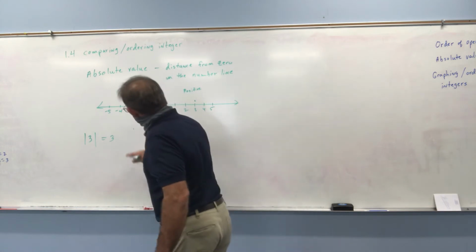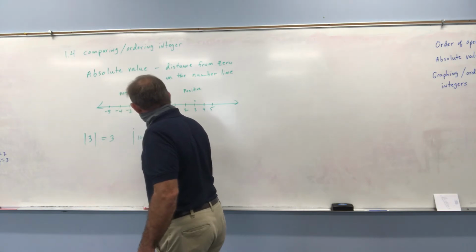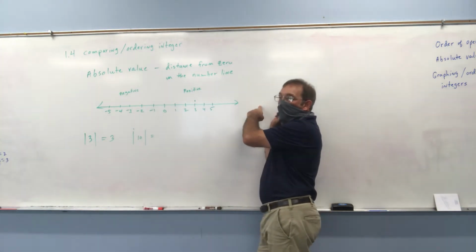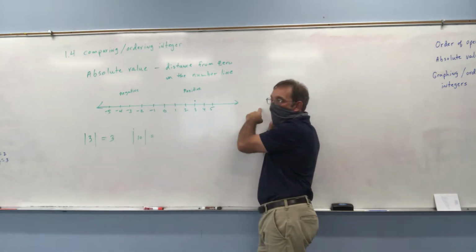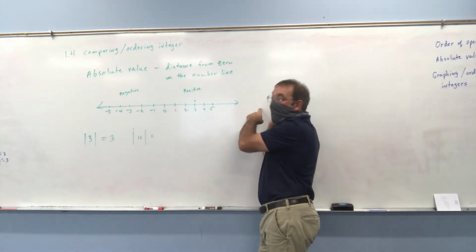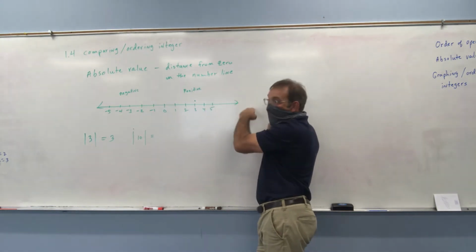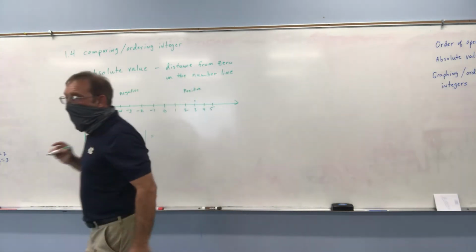What about the absolute value of 10? Well, 10's over here somewhere, but if I were to count how far it is from here to 0, aren't I going to get 10? It's going to take 10 jumps back. If I'm at 10, it's going to take 10 jumps back to get to 0.